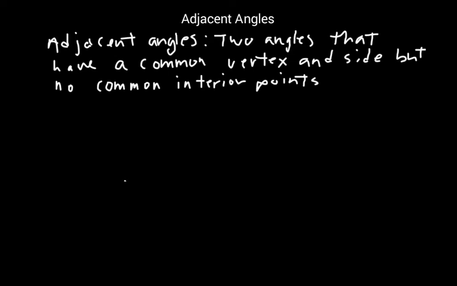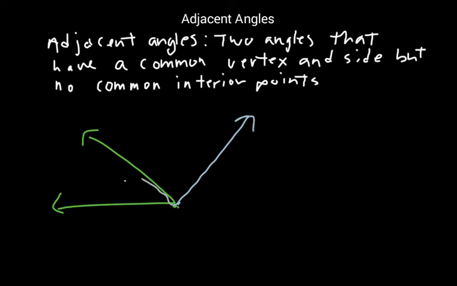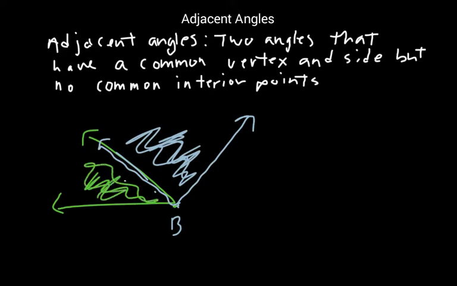If I draw an angle here, and this is the vertex, and I draw another angle with the same vertex and another ray going this way, which would share the green ray, the blue-green is the common ray, the common side, and we'll call this point B. Point B is the common vertex, but all the points inside the blue do not intersect or overlap with anything inside the green angle. So they have no common interior points, which makes them adjacent angles.